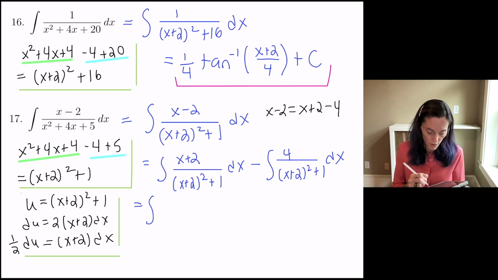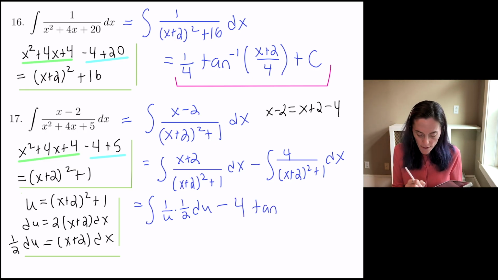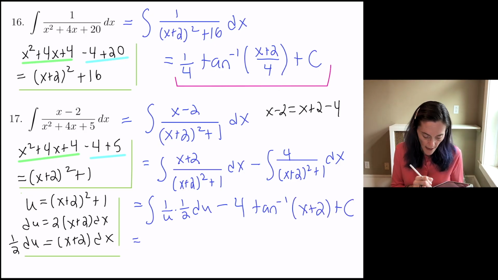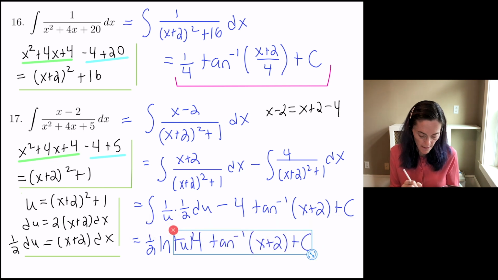We have an integral, 1 over u times 1/2 du minus this one. We can go ahead and integrate. We have 4 tan inverse x plus 2. Now we have a half ln absolute value of u. This part I've already integrated. I can just copy from the line above and paste.